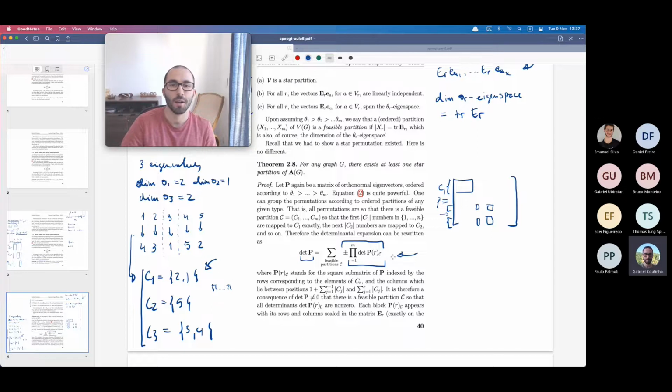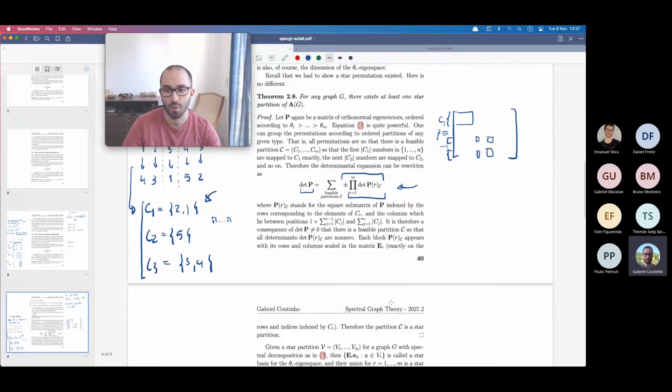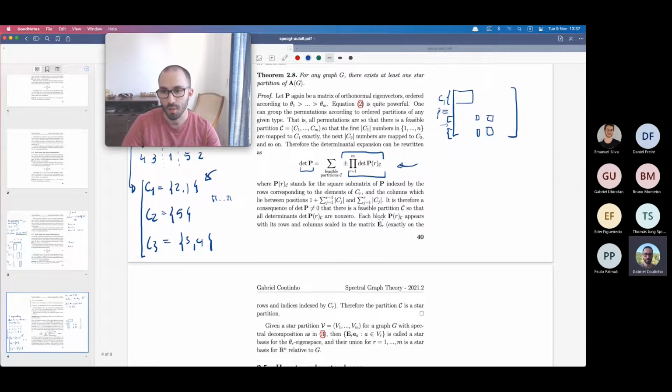And this is exactly what we wanted. So each one of these blocks appears with their rows and columns scaled in this matrix E sub R. So each one of these little blocks will be there in the matrix E sub 1 with rows and columns scaled. And this is exactly what we wanted.